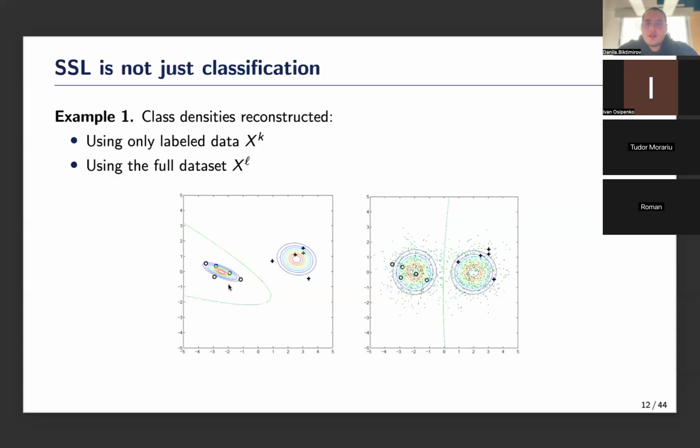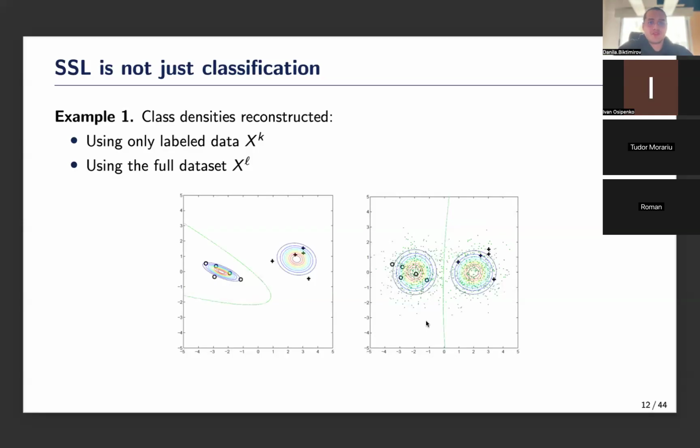Now, if we are also given a larger set of unlabeled data, we could recover the true mixture of Gaussians, recognize that the data belongs to two components, and correctly apply the Bayesian classifier. This would allow us to construct the correct linear decision boundary as expected from Bayes' theorem.